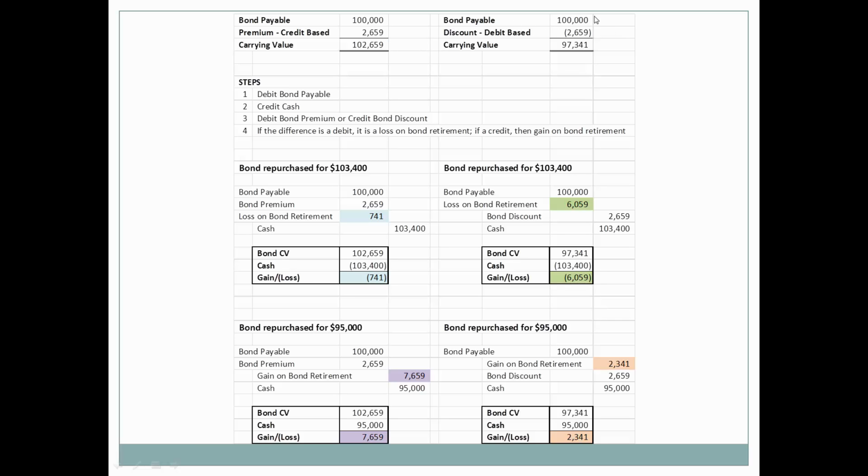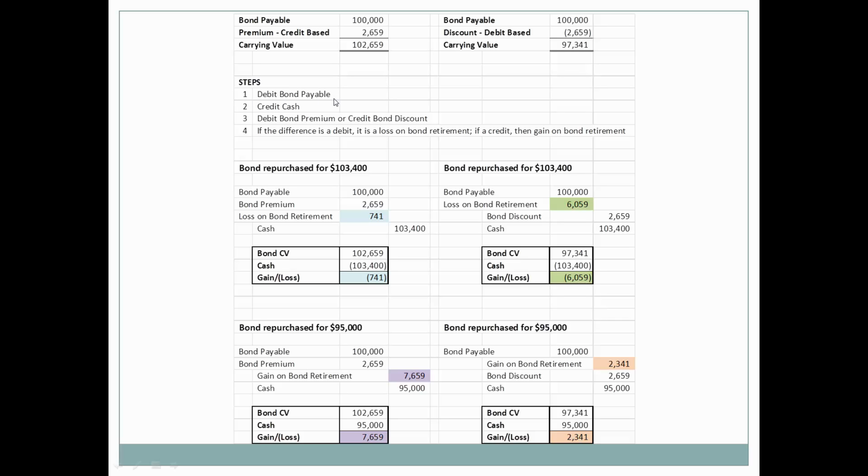In this instance, we also have a bond payable at $100,000, but there's a discount on the bond, which is debit-based. So with the credit-based bond and the debit-based discount, we're going to have a reduction, and so the carrying value of the bond will be less than the face value of the bond. In this instance, it's $97,341.